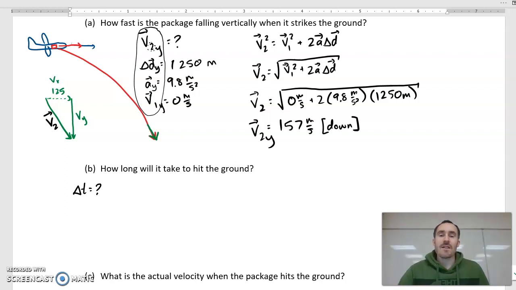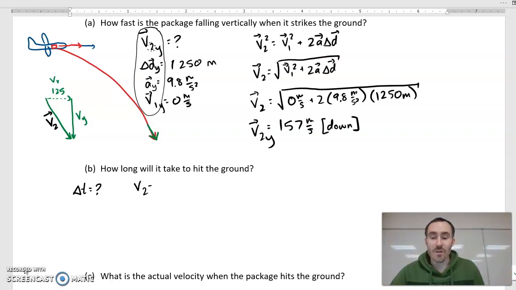Now we don't really need to take into account anything horizontal still, because the time it takes to fall 1,250 meters, that's how much time it takes to travel whatever the distance is horizontally as well. So we don't really need to care about the horizontal part yet. We just need to know how long does it take for an object to fall 1,250 meters. That's it.